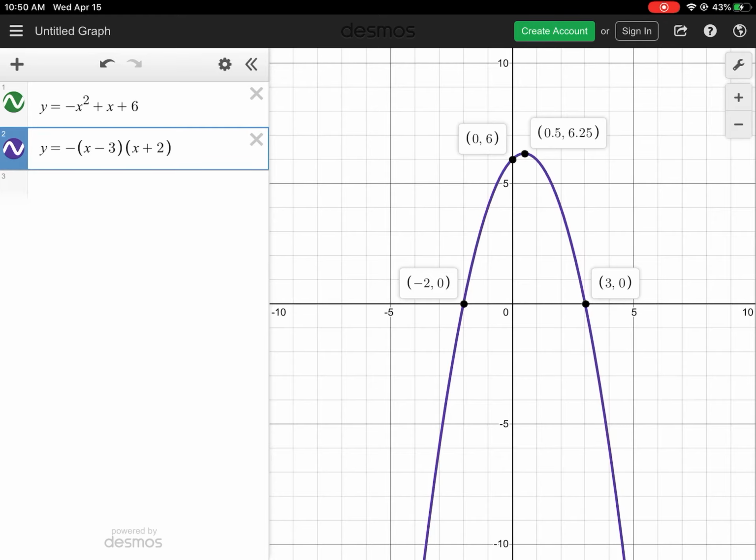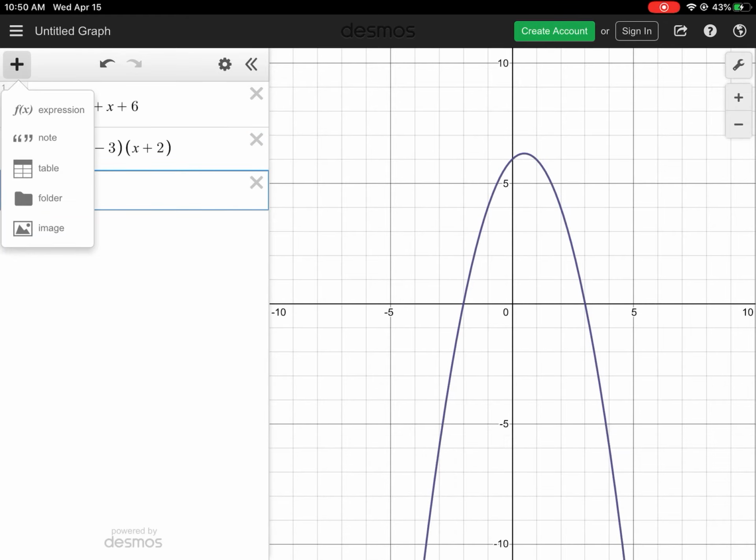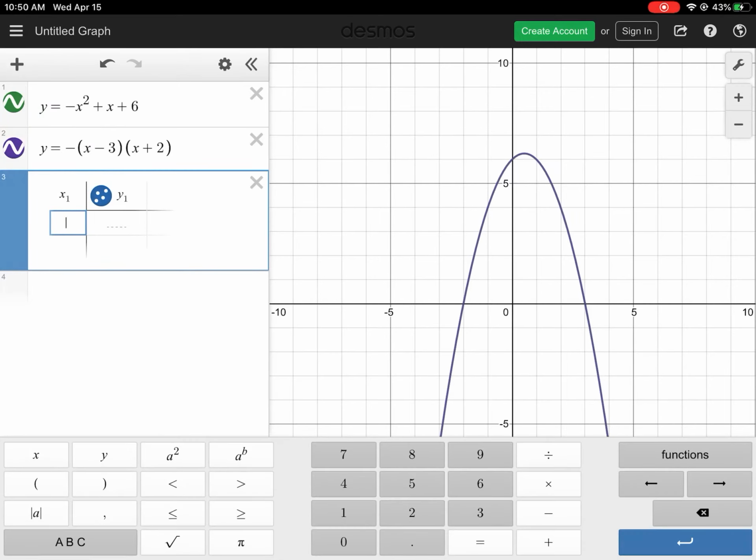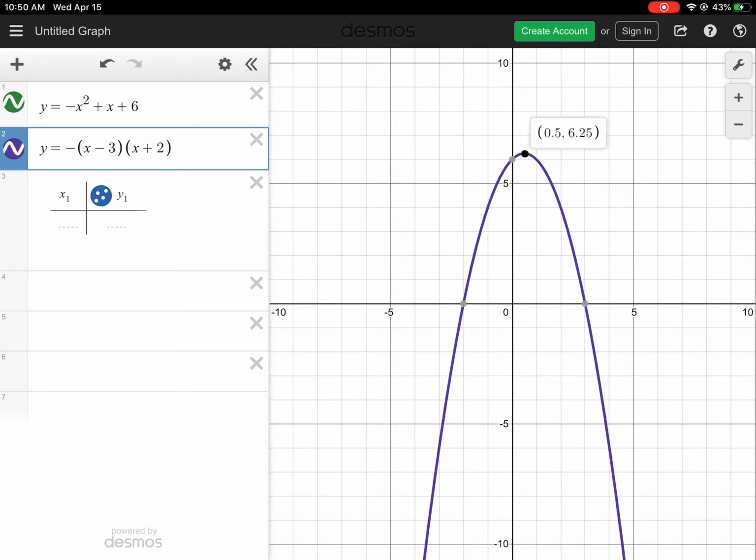Okay. Right now, we need to find a couple more points. So I'm going to go ahead and use a table. Since I need to find 3 points on each side of the vertex, I know my vertex is 0.5 and 6.25.